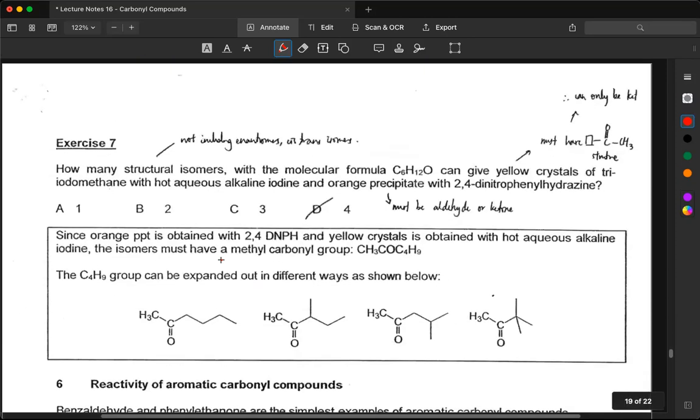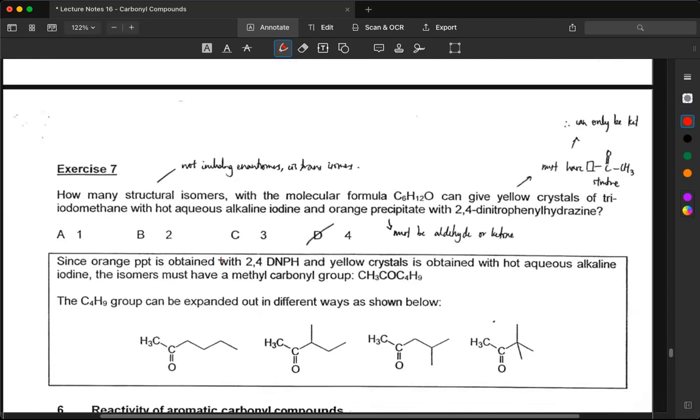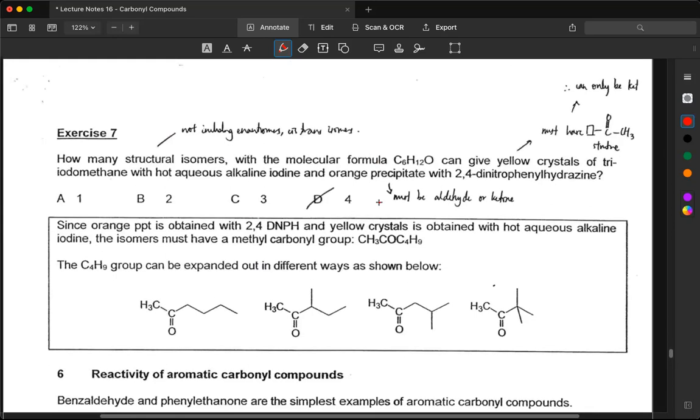So next exercise, how many structural isomers with molecular formula C6H12O can give yellow crystals? They said yellow crystals with hot alkaline iodine and orange precipitate. So orange precipitate means aldehyde or ketone, cannot be alcohol. Yellow crystal means it must have something like this.